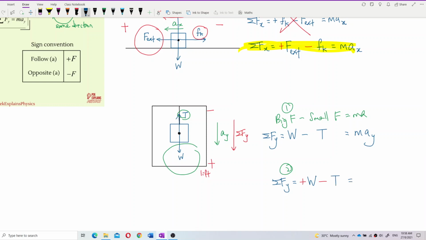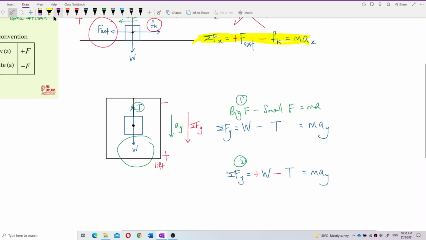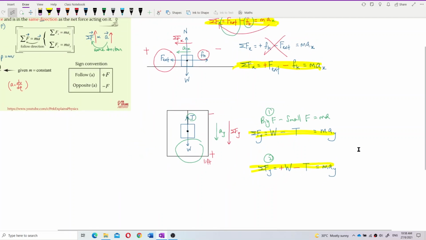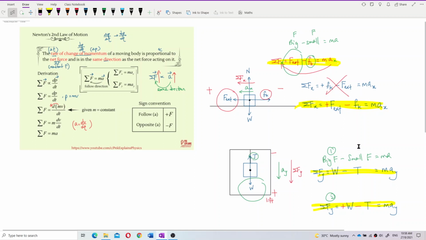So equal to may. See, it's the same equation again. These two equations are the same. It's still big force minus a smaller force, weight minus tension. So this is the sign convention of Newton's second law.